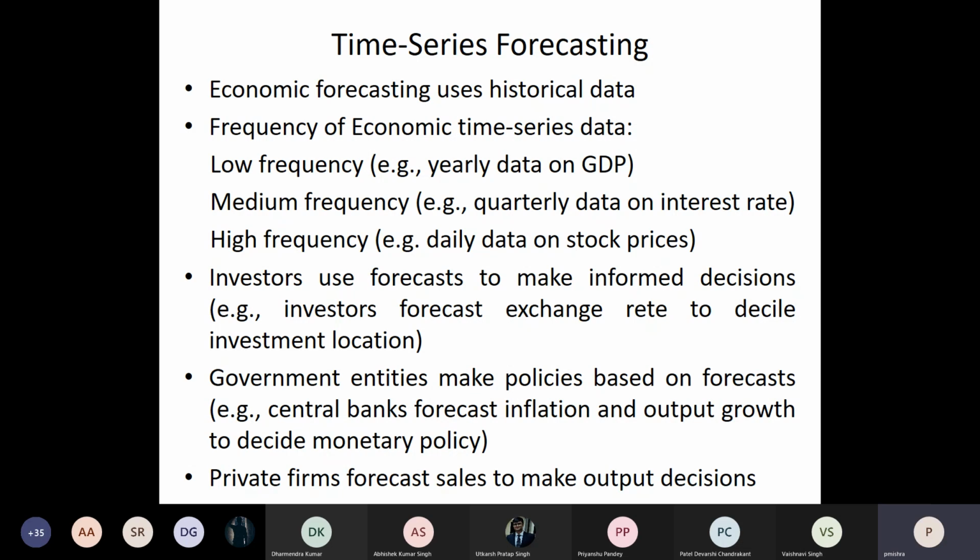Of course, the accuracy of forecasting depends on various factors, like how systematically you use the data, authenticity or correctness of the data, integration of other information, the model that you use in forecasting. Definitely all these are very, very important.